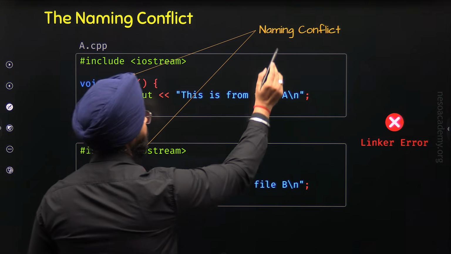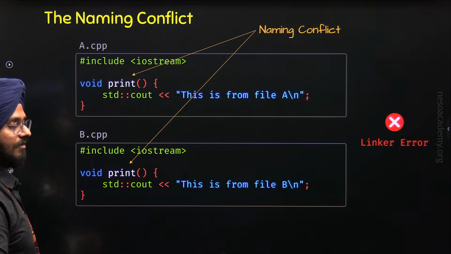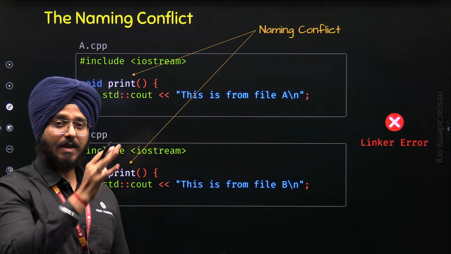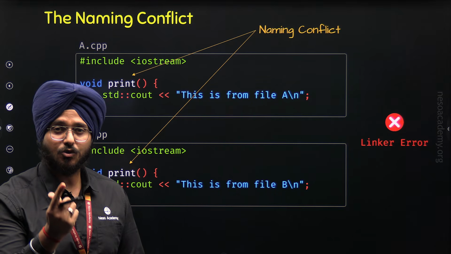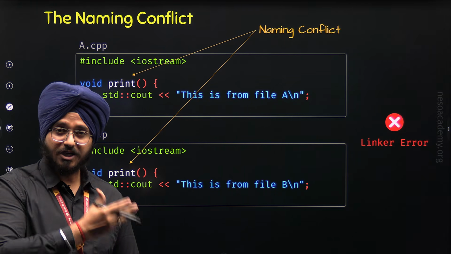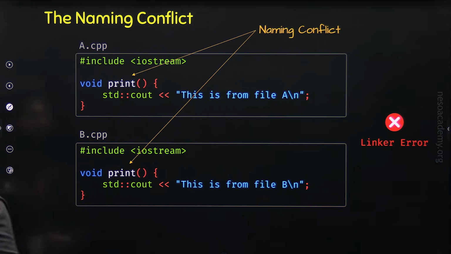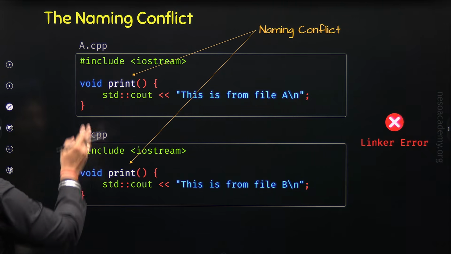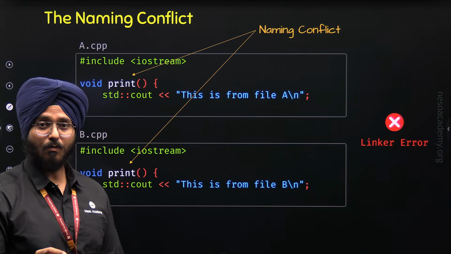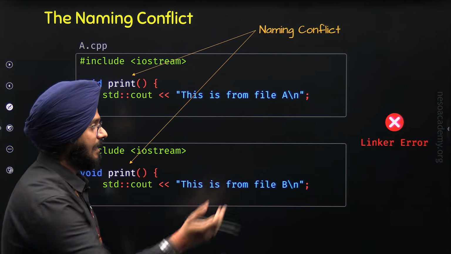That's why we are getting naming conflict here. Due to naming conflict, linker would not be able to produce an executable file from the object files of these two files. Because in the same file, we cannot have two functions with same name. That's the problem. So we will get the linker error.